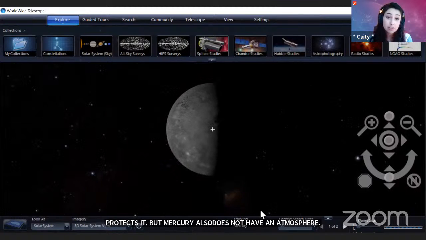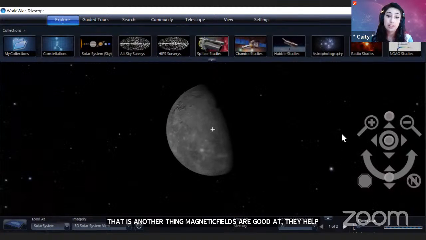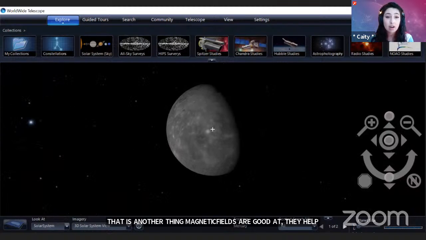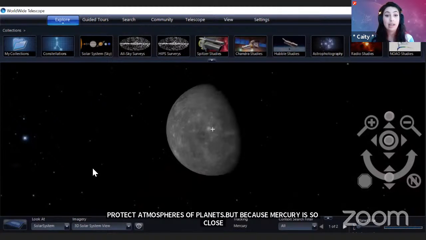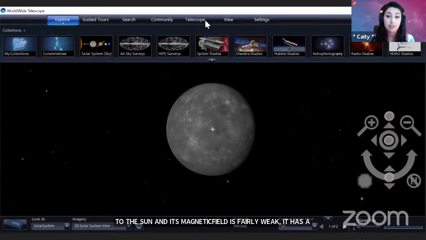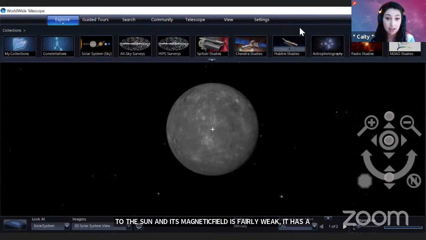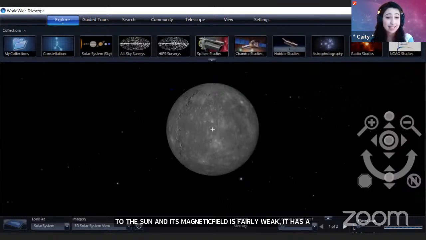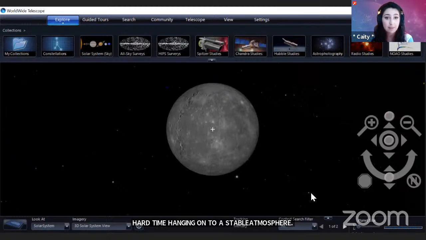But because Mercury is so close to the sun and its magnetic field is fairly weak, it has a hard time hanging on to a stable atmosphere, an atmosphere that remains relatively unchanged. Mercury does have a temporary atmosphere that happens every now and then, but for the most part, the magnetic field is too weak.